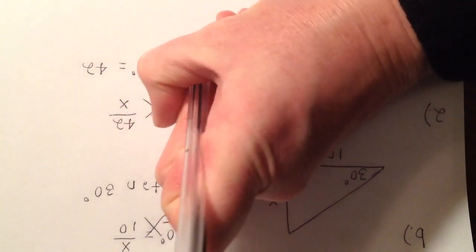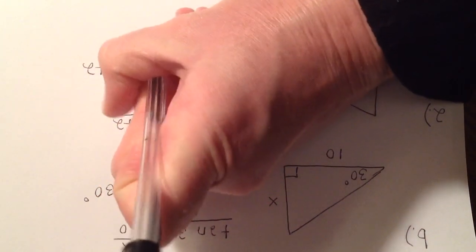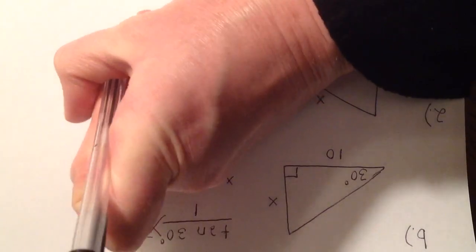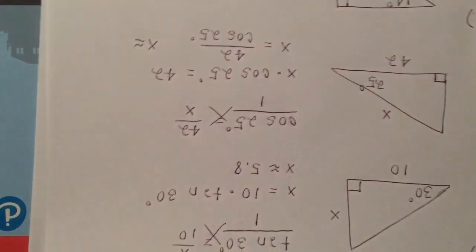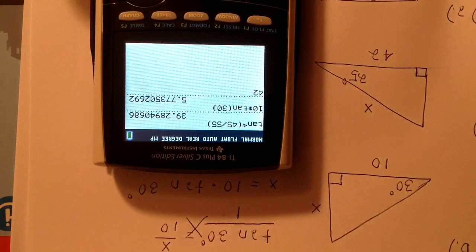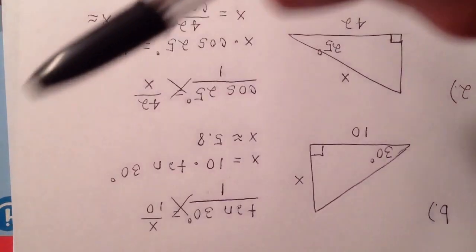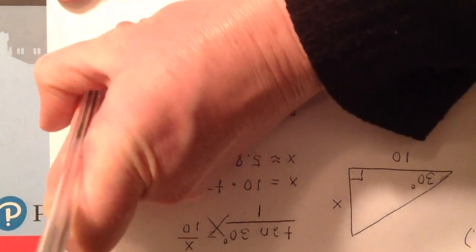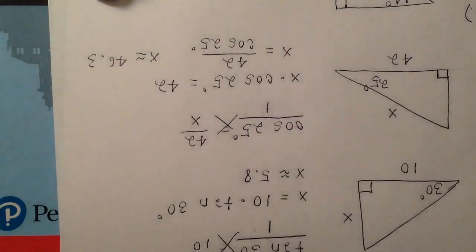So x would be equal to 42 divided by the cosine of 25 degrees, which means x is approximately, and I'll use my calculator here, 42 divided by the cosine of 25 degrees. That is about 46.3. Again, we're going to round our sides to the nearest tenth.